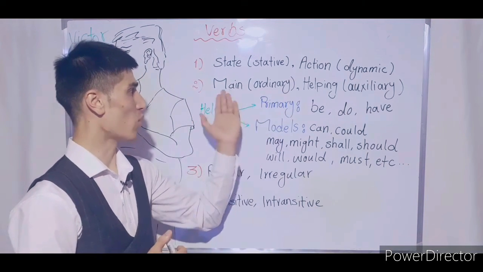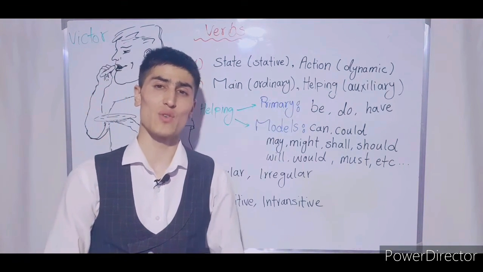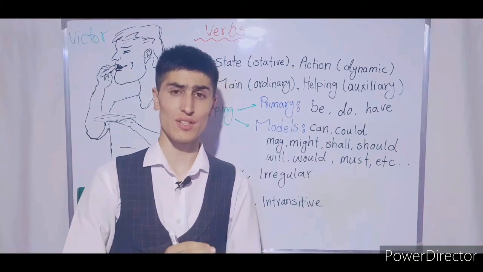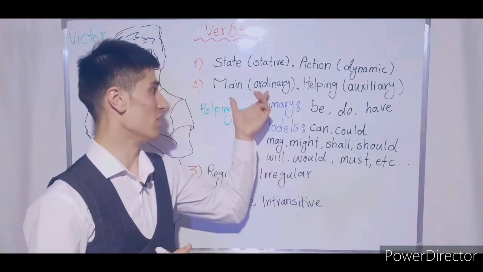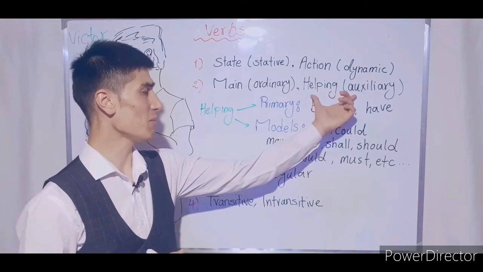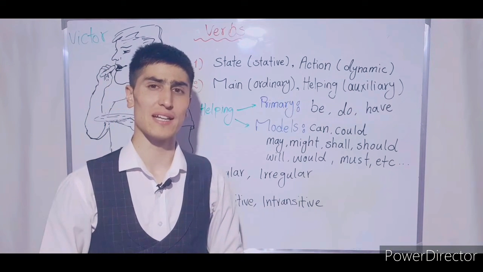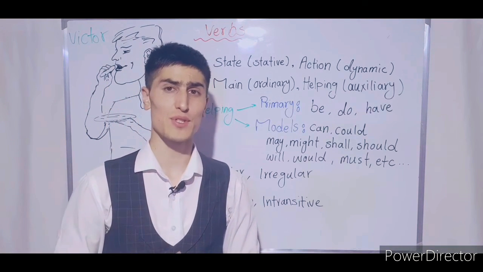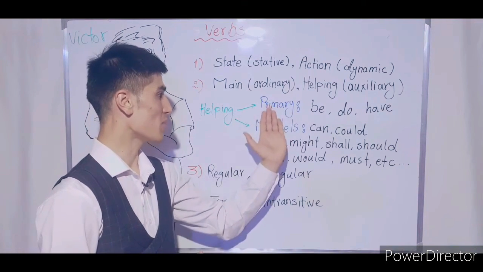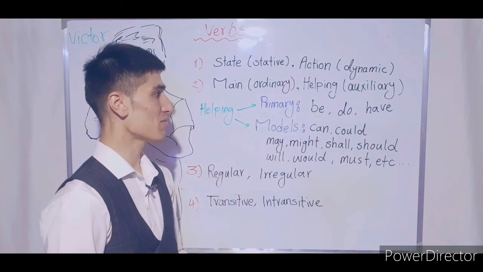Then we had main verbs, ordinary verbs, and we said that these are the verbs that can stand alone in the sentence, and they are the main verb of the sentences. And then we have helping verbs or auxiliary verbs, and we said that they help the ordinary verbs in some cases. We divided them into two types: primary helping verbs and modal helping verbs.